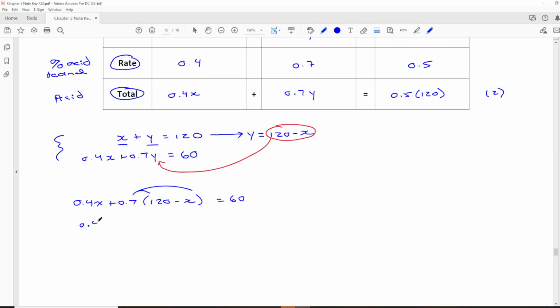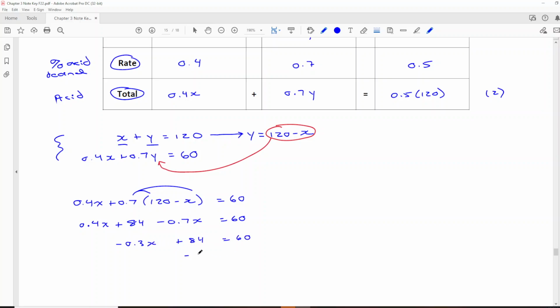I get 0.4x plus, I should have chosen elimination, I wouldn't have had to use my calculator as much, 0.7 times 120, so 84, and then minus 0.7x. Then I'm going to collect like terms, so 0.4x minus 0.7x is negative 0.3x plus 84 equals 60.